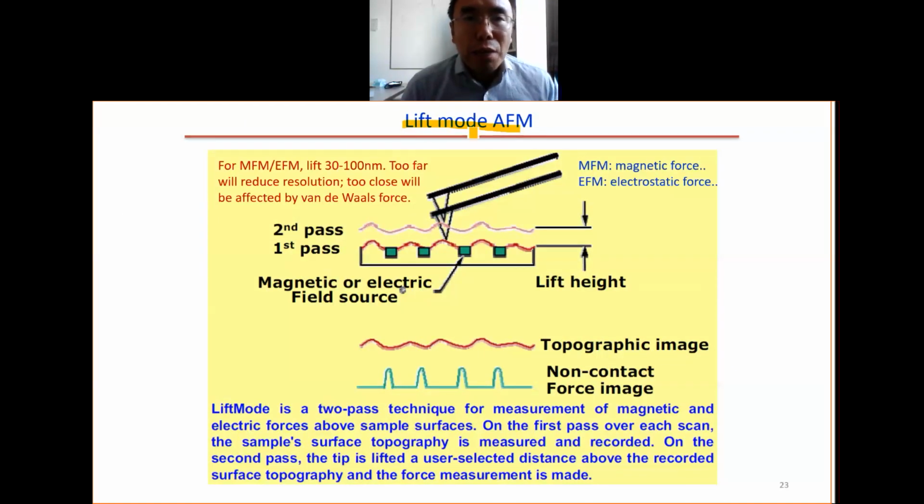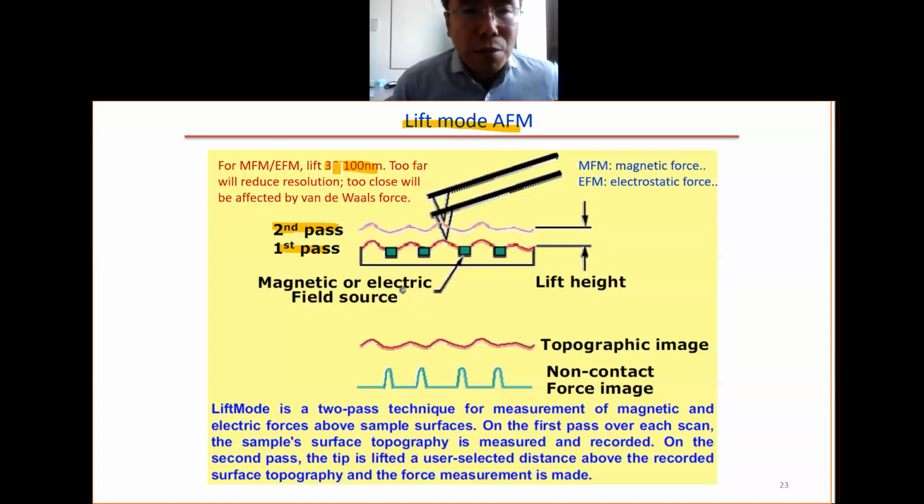We do this lift mode. There are two passes. For the first pass, we follow the sample surface and get the topography information. Then we do the second pass, where we lift a certain distance and do the measurement. The lift height is about 30 to 100 nanometers, but at least it should be more than 10 nanometers.